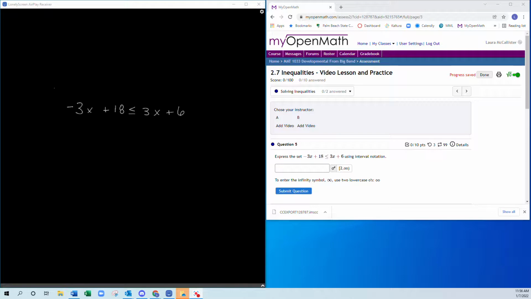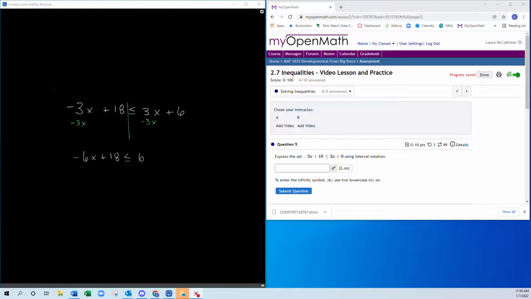The first thing you're going to want to do is solve the inequality. I'm going to subtract 3x from both sides. Then that leaves me with negative 6x plus 18 is less than or equal to 6.